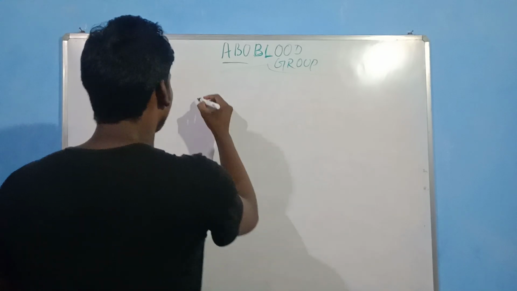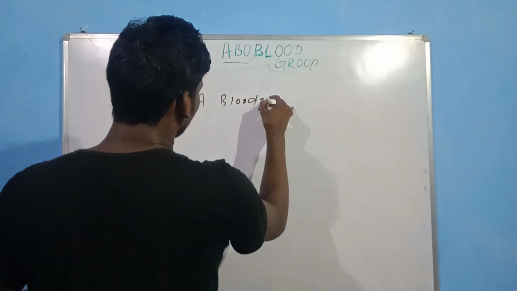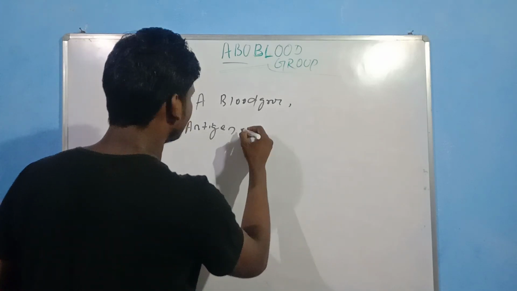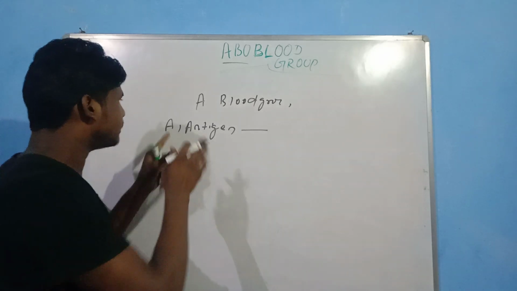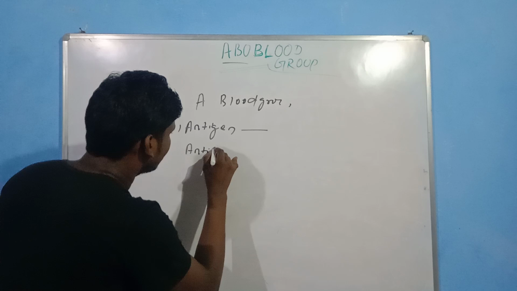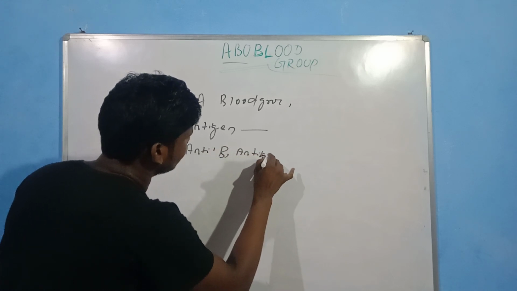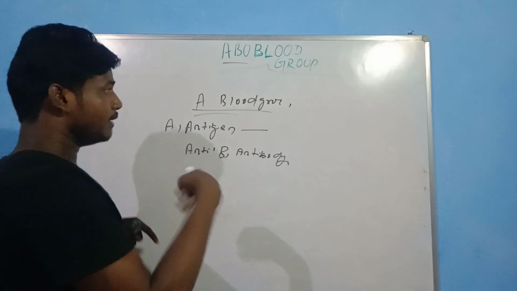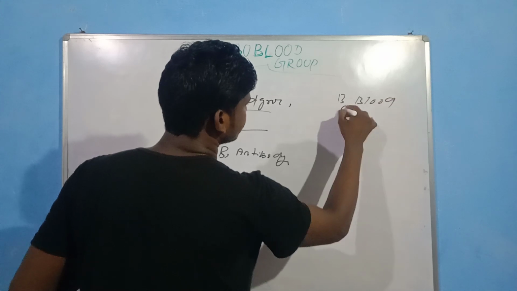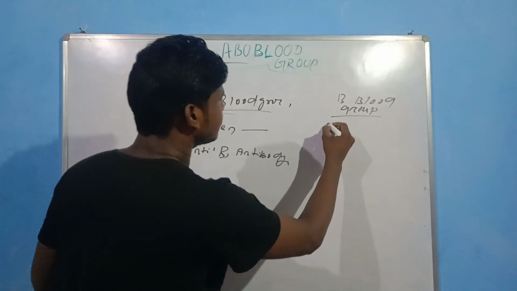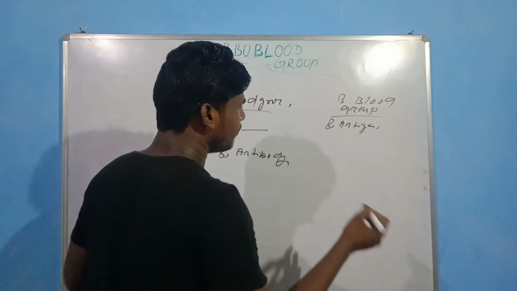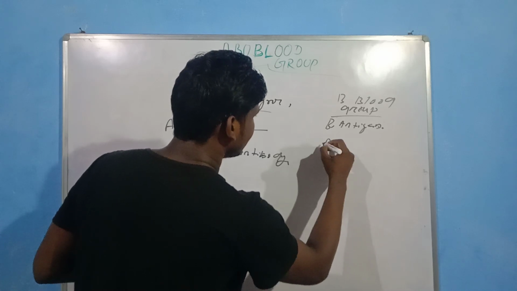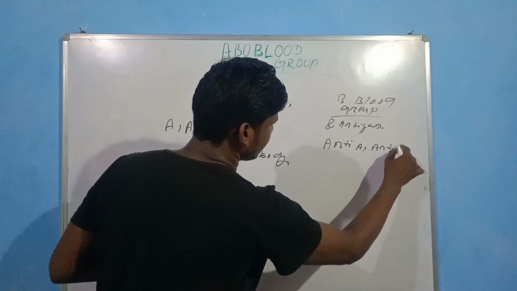Blood plasma also contains antibodies. The A blood group contains the A antigen on the surface of RBC, but the plasma contains anti-B antibody. Similarly, the B blood group contains the B antigen on the plasma membrane of RBC, and the plasma contains anti-A antibody.